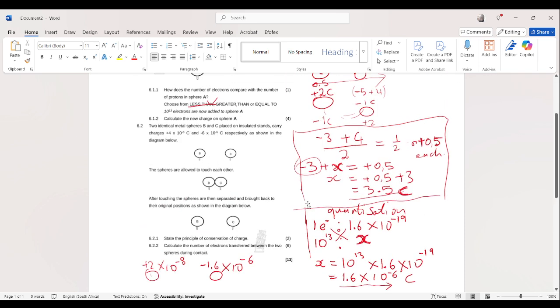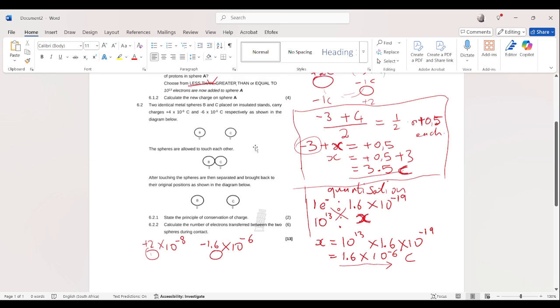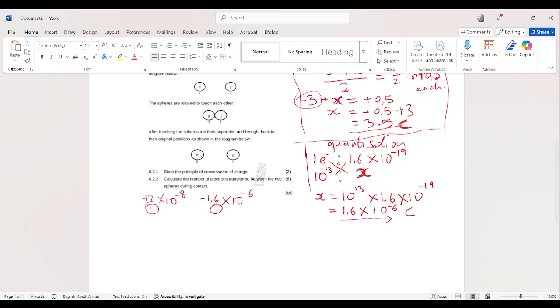Now they said calculate the new charge of sphere A. So if you have introduced this number of electrons, you will have plus 2 times 10 to the power of minus 8 minus 1.6 times 10 to the power of minus 6.